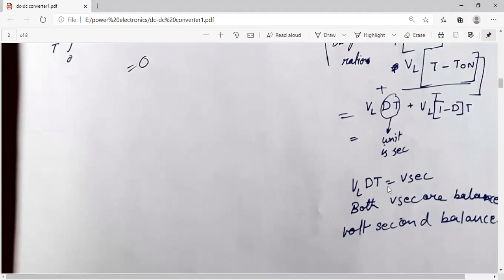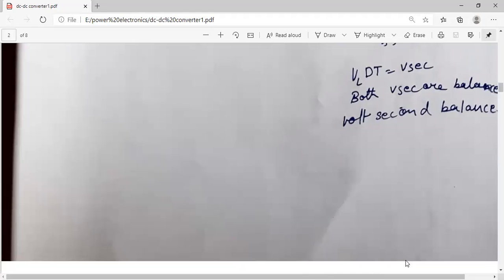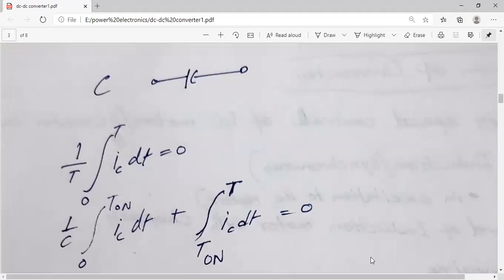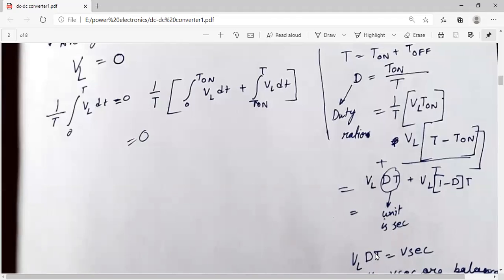So vL dt is actually denoted as volt second, since D has no unit but T has unit second, and vL has unit volt. Both volt seconds are balanced. This is called volt second balance.